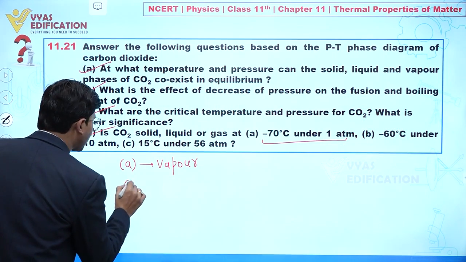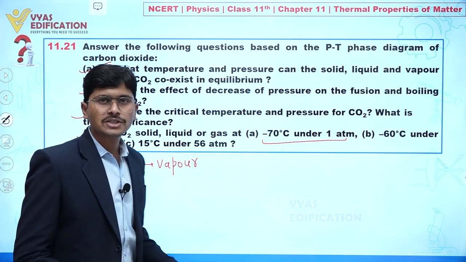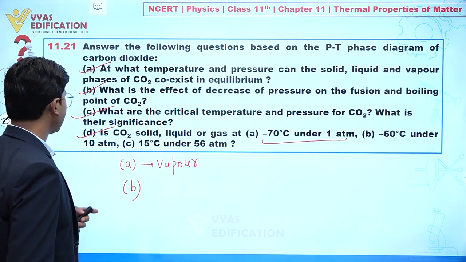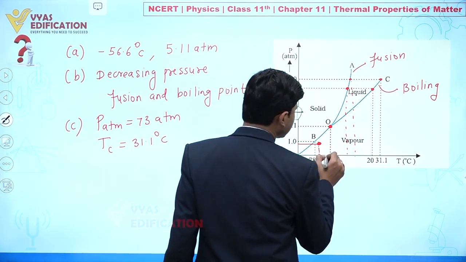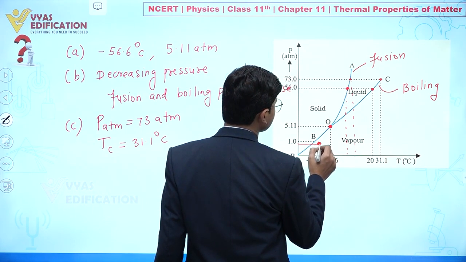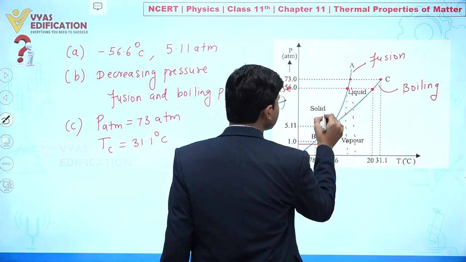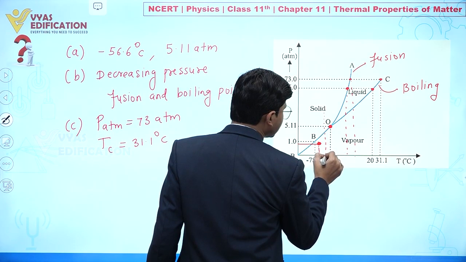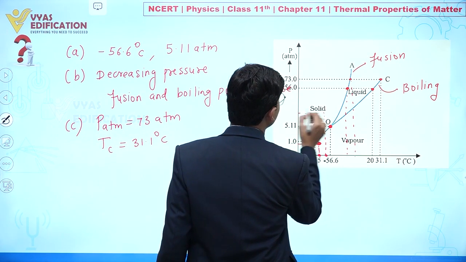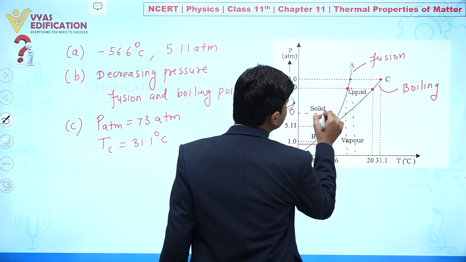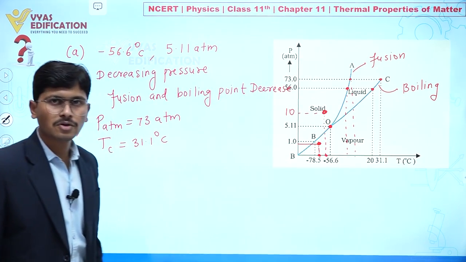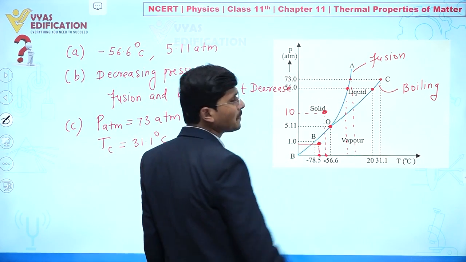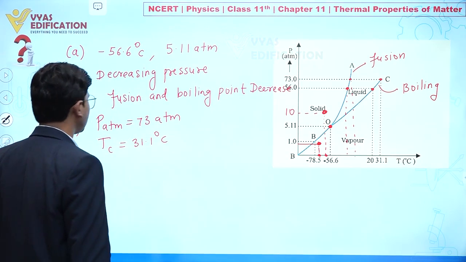Clear? What about part number B? Minus 60 degrees Celsius under 10 atm. Clear? So minus 60 means somewhat lies between this and minus, under 10 atm. Clear? It means, let's suppose at this point this is minus 60 and let's suppose here we have 10 atm. So that point somewhat lies in this location. It means we can say at this time CO2 lies in the form of solid. Clear?